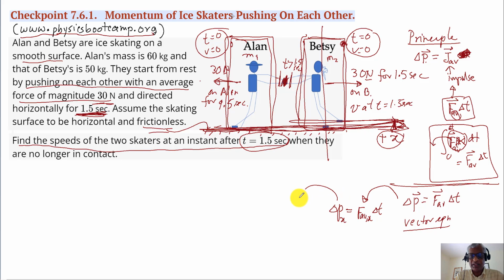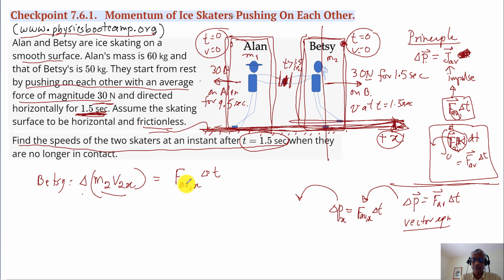So on the left side, look at Betsy. It's the mass of Betsy, m2, and v2, and that's going to be x, and it's the change in that. That's what this means. This is the definition, and this is the change in that, and that should be average force on her, x component, times how long this acted.